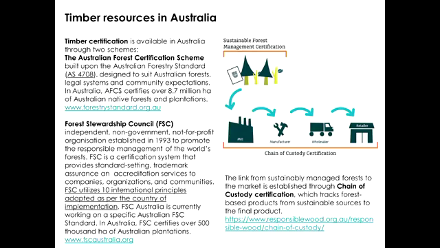But what's important for you as customers and users of timber products is the third one, the chain of custody certification, because if a product is certified, it will tell you that certain things have been done sustainably, and managed properly from the mill to the retailer.